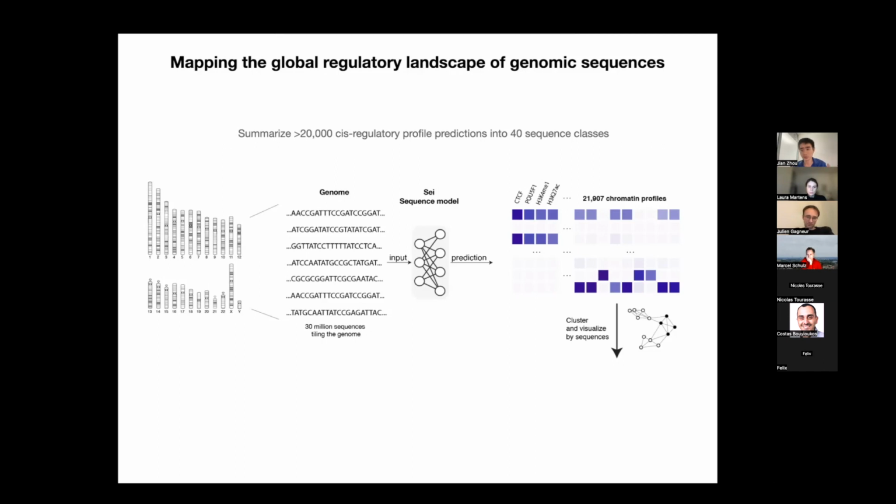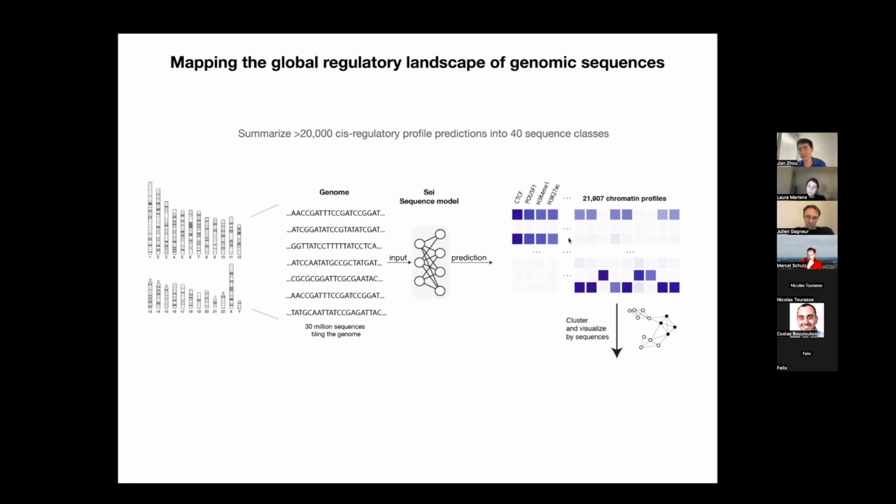To do that, we first extract the sequences from the entire genome, right? So it's 30 million sequences that tile the entire genome, and then we made predictions for all of them. In the end, we get a 30 million by 21,000 matrix of predictions for each individual sequence. Now we need to summarize this big matrix into a smaller number of interpretable dimensions, right?